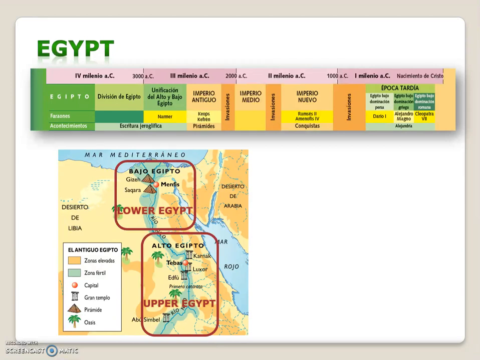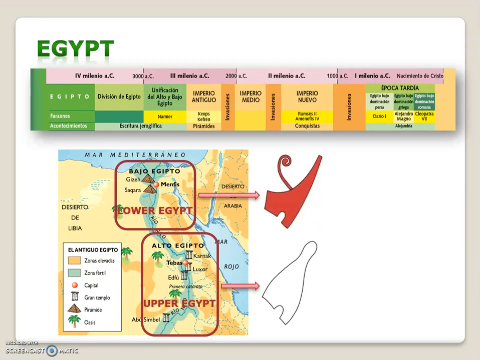These kingdoms were ruled by different kings. These kings wore different crowns. The red crown symbolized the power over the Lower Egypt, and the white crown symbolized the power over the Upper Egypt.